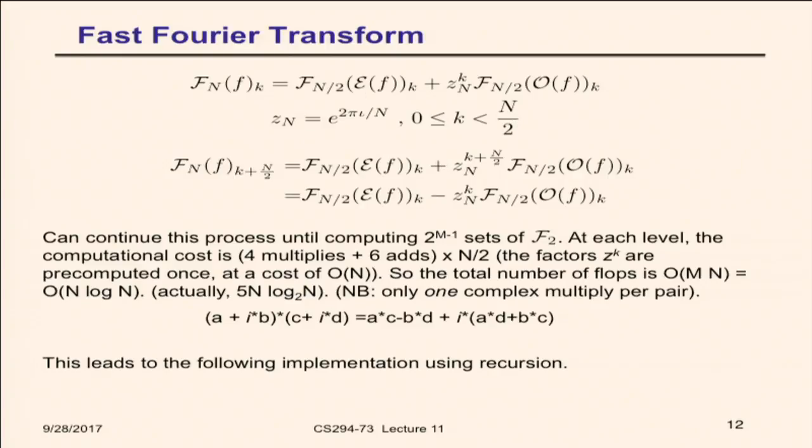To get the last part you have to use the fact that you can shift anywhere you want, and at the end, when the dust settles, to get the high ones, k plus n over 2, it's again the even guys, the same ones we computed up here, and the odd guys, the same ones we computed up here, and the same coefficient that we computed up here, except instead of adding them, we subtract them.